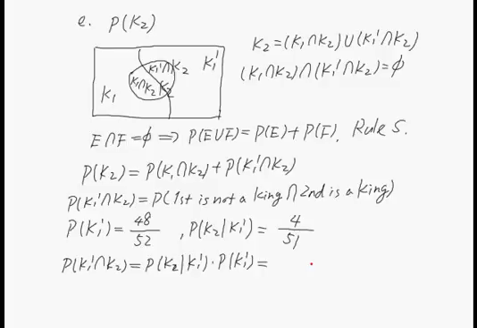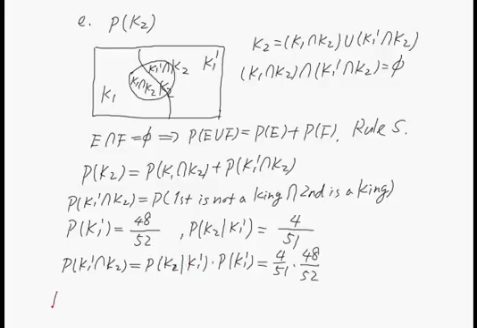This is equal to 4 over 51 times 48 over 52. In this expression, we find P of K1 intersection K2, which was obtained in part C, and also here we find the probability of K1 prime intersection K2.